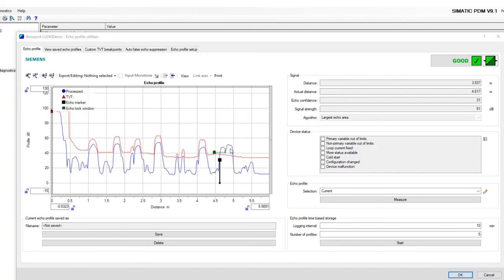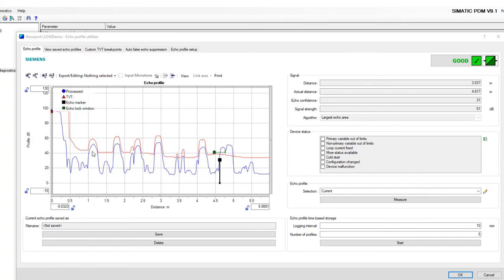And the more obstacles our level goes past, the more signal we're getting back because less of it is being absorbed by the obstacles. So the closer that we get to the transducer, the bigger the signal. As we start getting up, we should see this double in size, and then these false echoes really pale into insignificance.